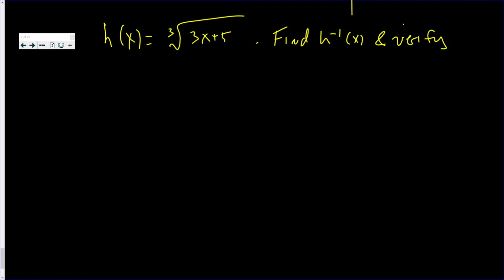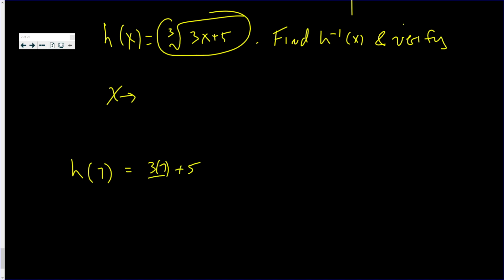Okay, so let's build this up. We start with x. Now, if I ask you what h of 7 is, hopefully the first thing you would do is multiply 3 by 7, and then add 5, and then compute the cube root.